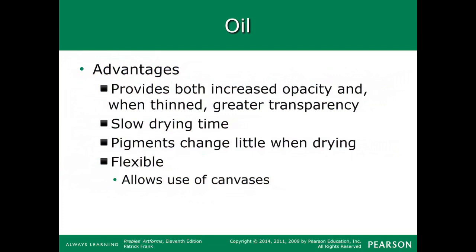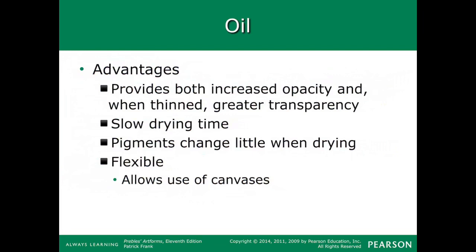Another advantage of oil is that they are flexible. So it allows the use of canvases. So canvas I already talked about a lot. So just think of a type of fabric. And so when it comes to painting, doing oil painting on fabric, what is neat about that is, okay, you can imagine painting on a canvas, you're basically painting on a fabric, and say that you're doing an oil painting on this canvas, and if you're done, you can actually take it off of the support.